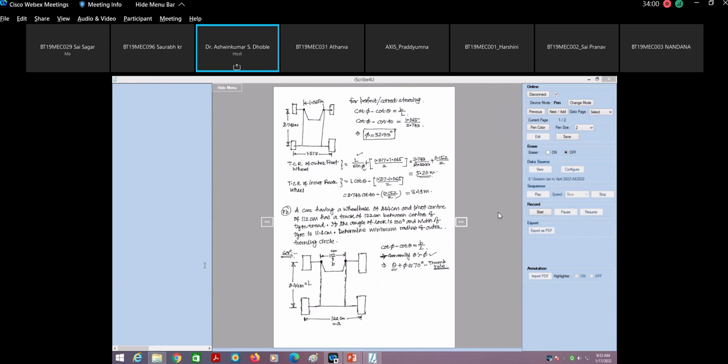Okay, then according to this rule, first case, let your theta is equal to whatever he has given, 30 degree, then approximately phi comes out to be 40 degree, which contradicts the rule, that is theta is greater than phi.